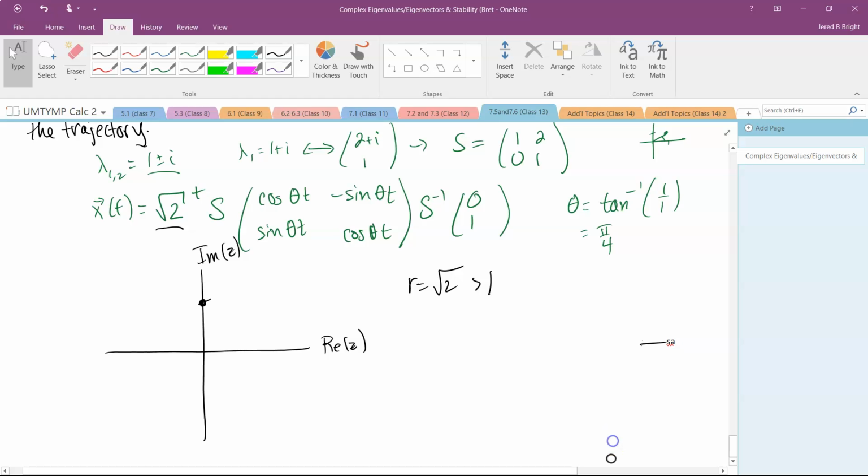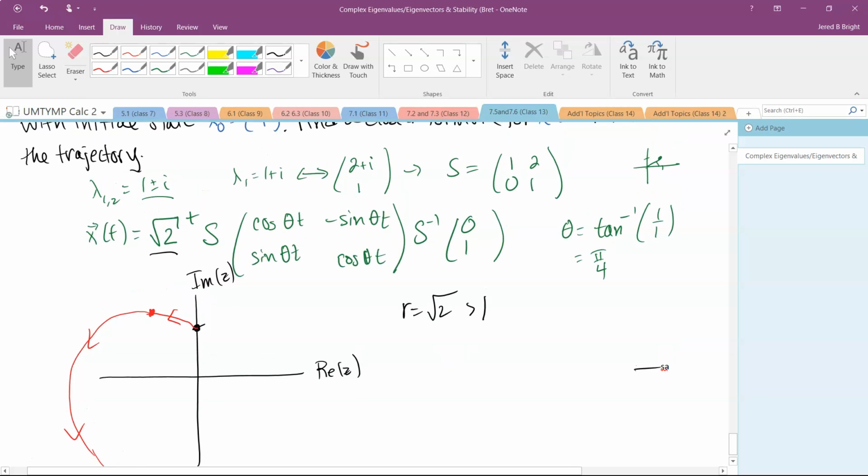So we could do the calculation, and for instance, we could plug in the first iterate and see what happens. Well, we're going to rotate and move out, so we're going to move from here out to like here, right? And then it's going to progress in a spiral outwards. So we're going to see some sort of behavior like this over time. You could continue the calculation to find the exact values, but that's the overall idea.